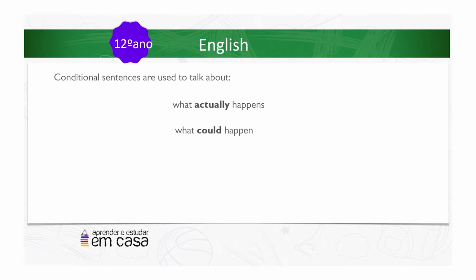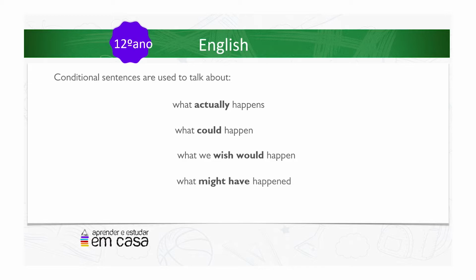The conditional 1, you have what could happen. So we have what happens, what could happen, what we wish would happen, and also what might have happened. So each conditional expresses one of these situations.